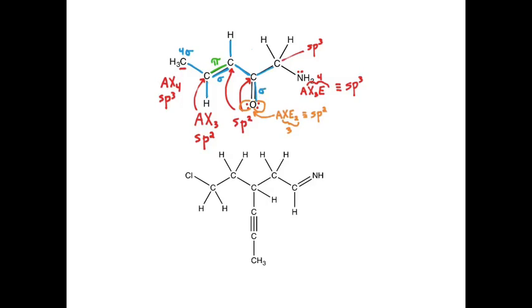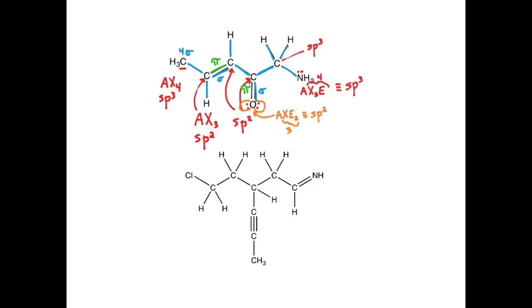Again, all of our single bonds are sigma. Our double bond has 1 sigma and 1 pi. As we continue on, again, this next carbon here has 1, 2, 3, 4 sigma bonds in blue.